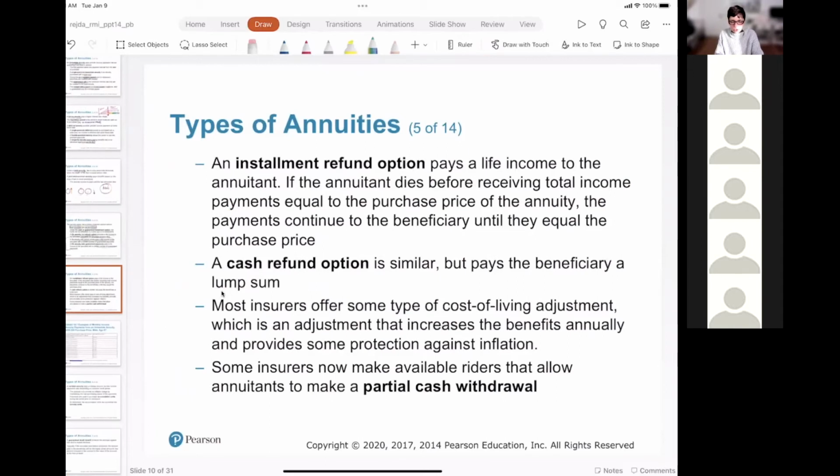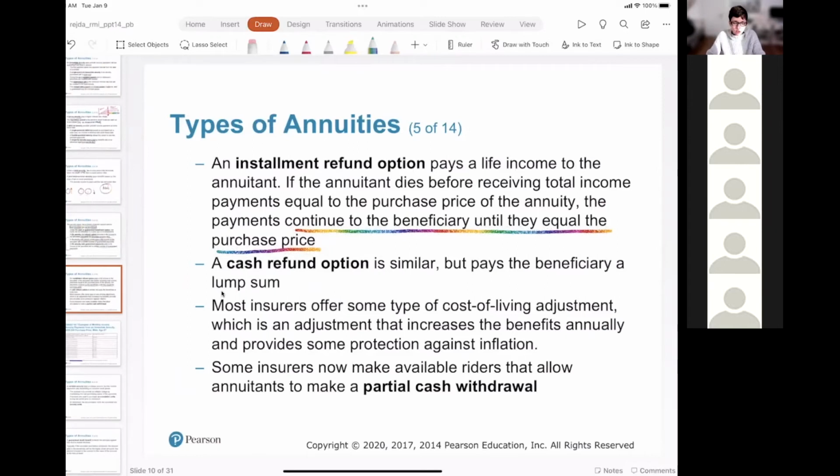All right, an installment refund option. Similar. This is just saying that if you die before the full amount of premium payments you made is paid out to you, we're going to give your beneficiary the balance as a refund, but we don't give it to them all at once.